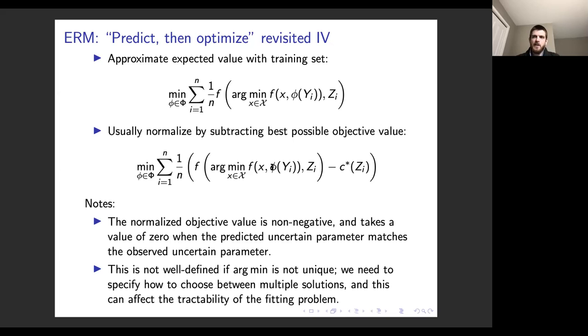So that's a little bit application dependent, but typically what you would do in something like this is do it in batches. So you collect a bunch of information on yi's and zi's. You use that to fit the model. And then you have a policy that you can run for a while. And then while you're running this policy, you collect more yi's and zi's.